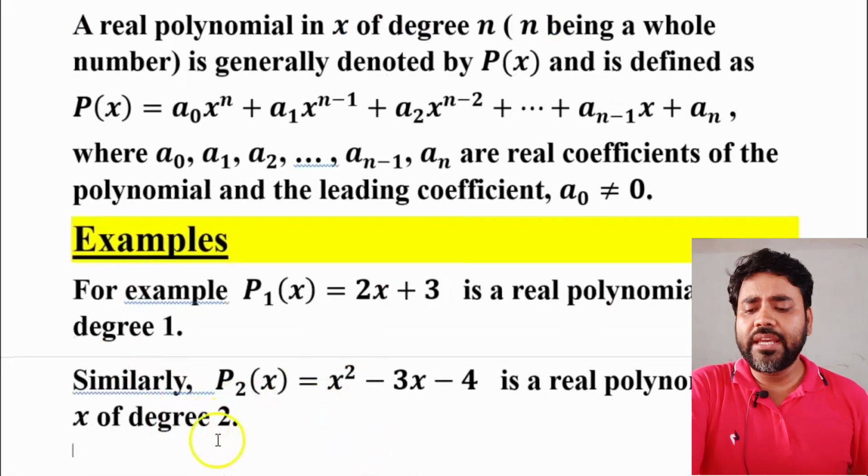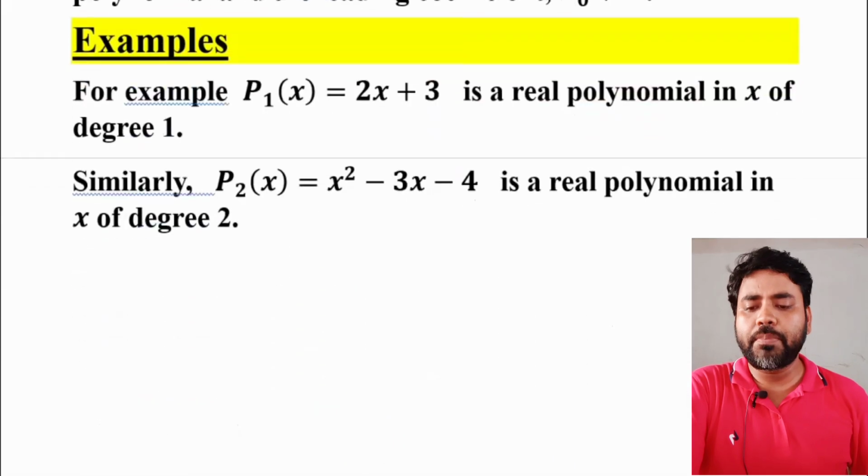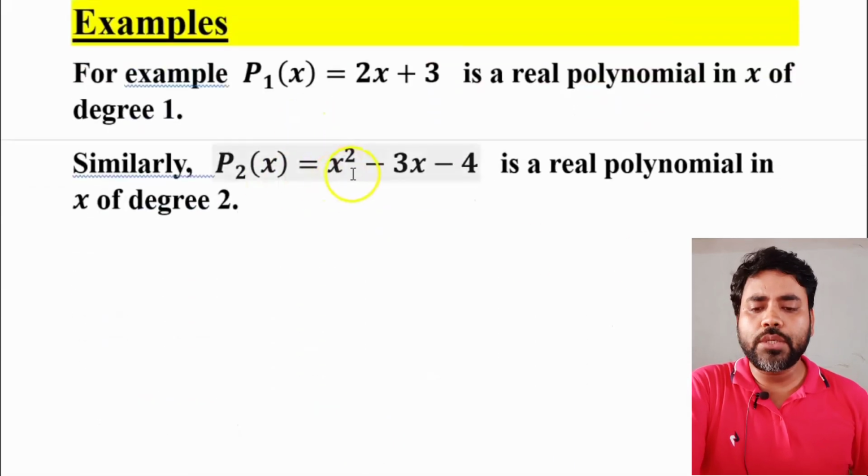Similarly, we take another example, P2(x) equal to x square minus 3x minus 4. This is also a real polynomial. Here the leading coefficient is 1 and minus 3, minus 4 are the remaining coefficients. These are all real coefficients. So we call this polynomial a real polynomial.